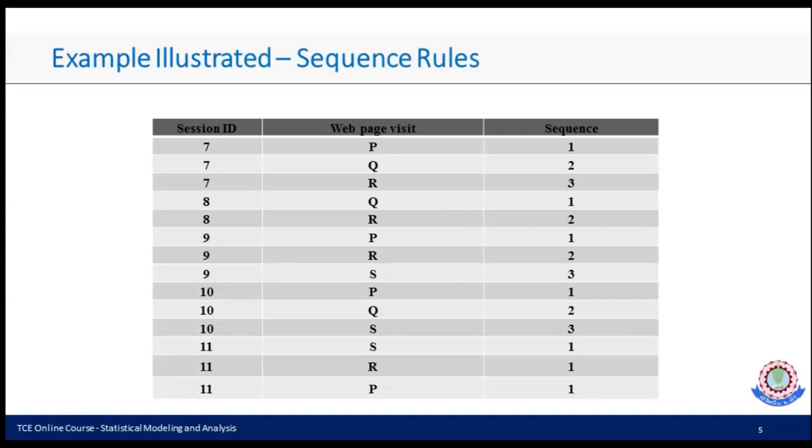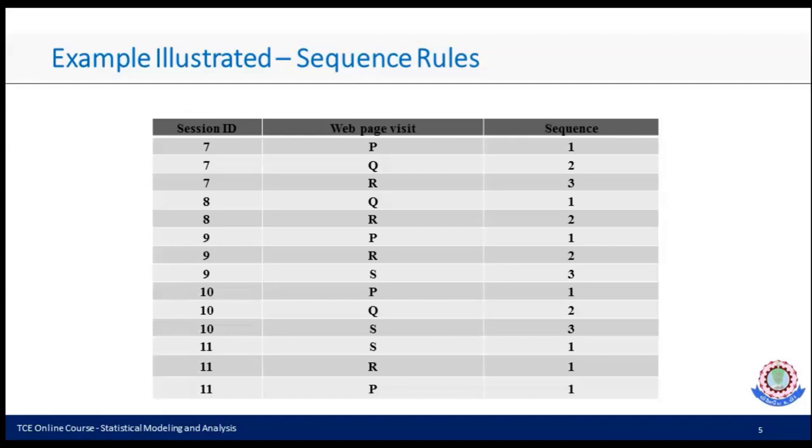Consider the following example. This example has three attributes. The first is the session ID, the next is the web page visit, and the third one is the sequence number. For the same session, there are different pages visited by the user.